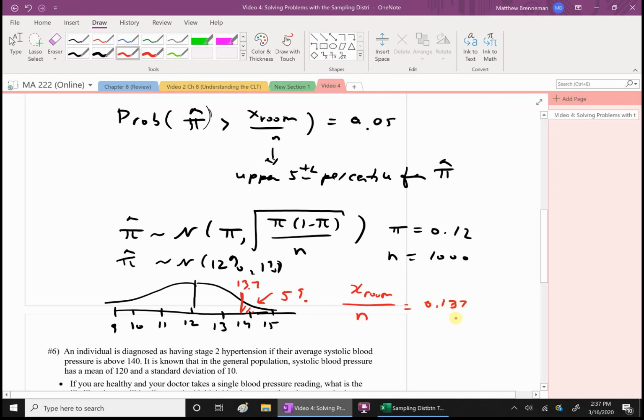And if I multiply both sides by n, which is 1,000, then the capacity of the room has to be 1,000 times 0.137, or 137. So if I book a room that can hold 137 people, there's only a 5% chance that I will not have enough room, that more people will come than I have room.